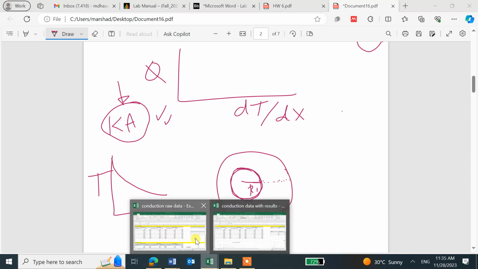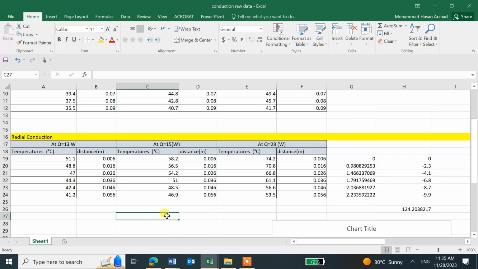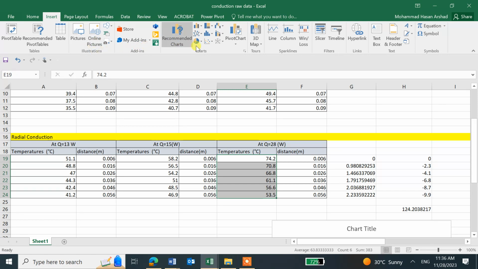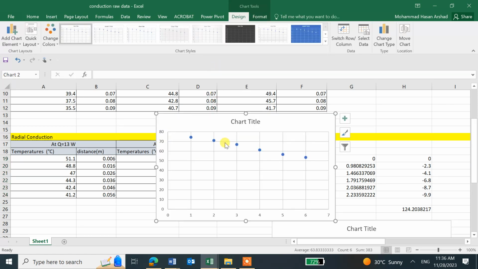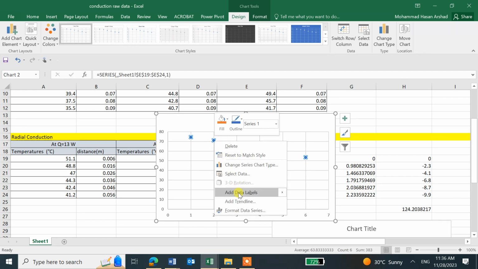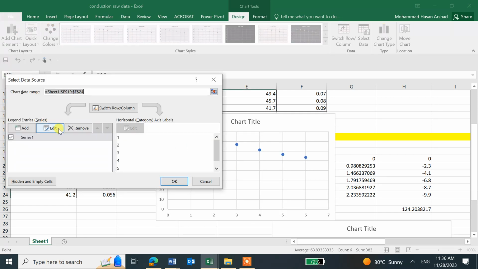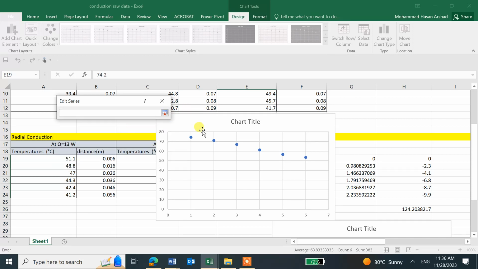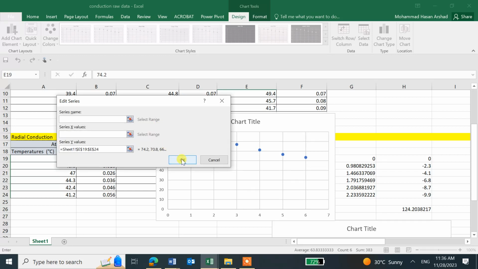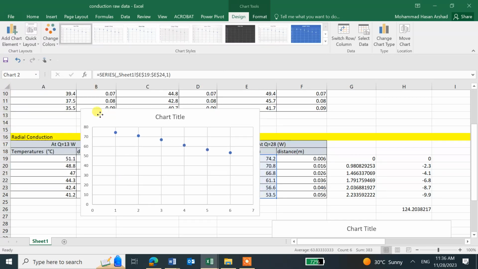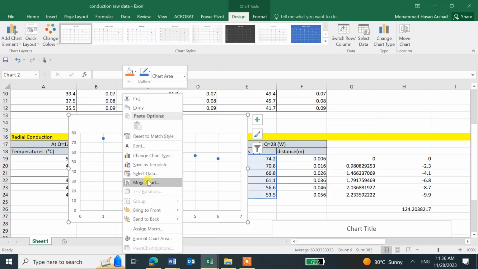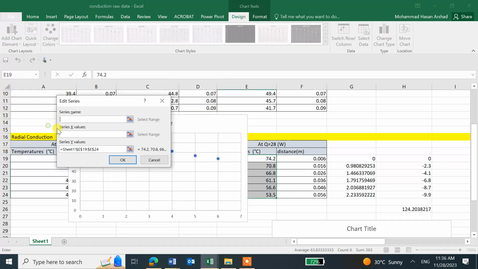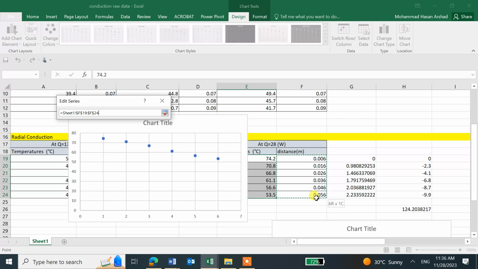So let me plot this one. At 28 watt, if you plot this one, what do you have? You have this, and I need to add the x-axis, which is radial position.